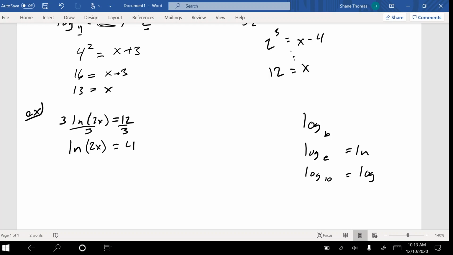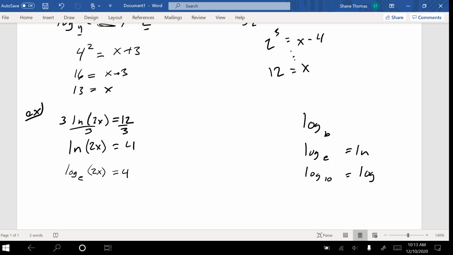So let's rewrite this as the log base e of 2x equal to 4. You with me there? I just took it out of the natural log and put it back into the standard log form. Because now I can rewrite this using my exponential rules, can't I?